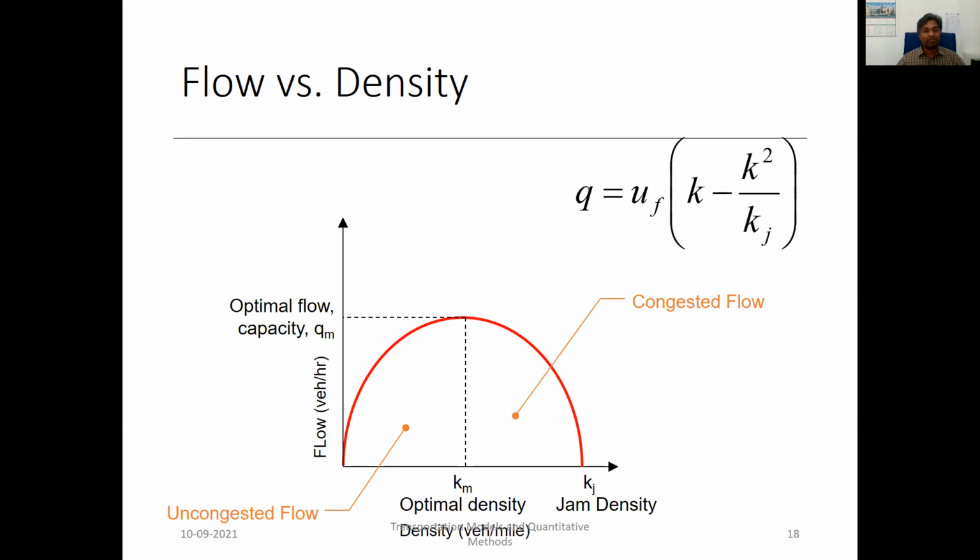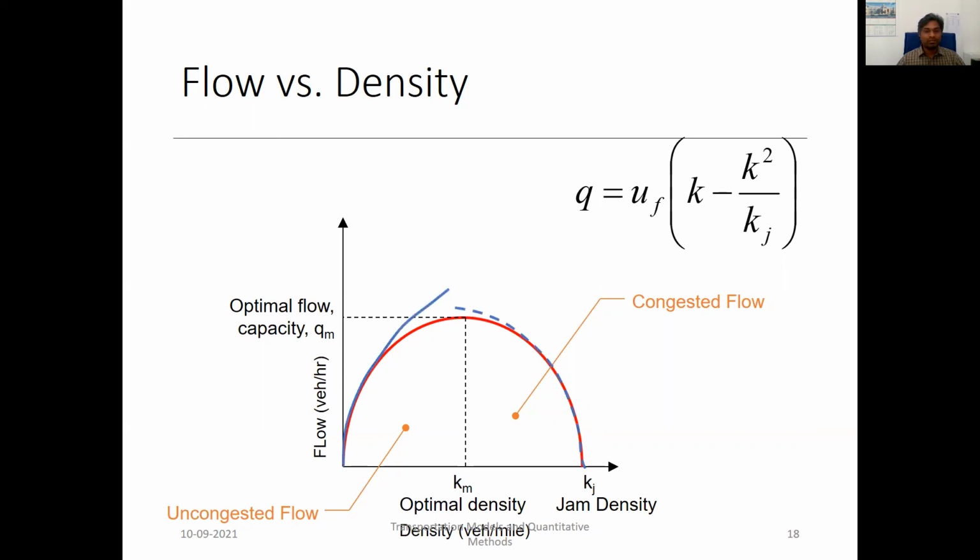In this particular graph, you can observe uncongested flow, congested flow, optimal density, and optimal flow. And we can obtain the trajectory, like the transition of this particular curve, as well as the tangents and secants of the particular curve, which will give you the shock wave speeds as well as the average speeds over the process.